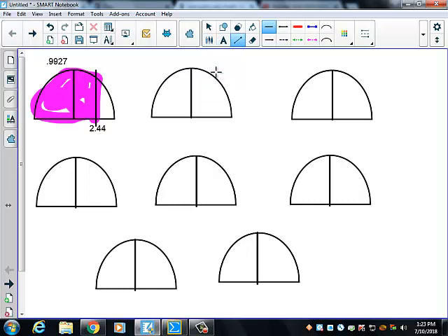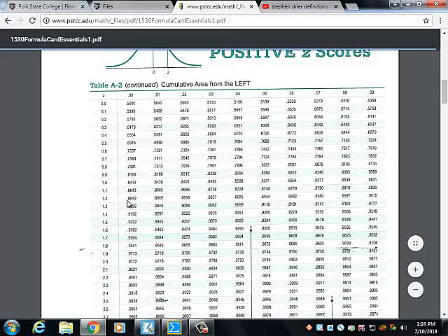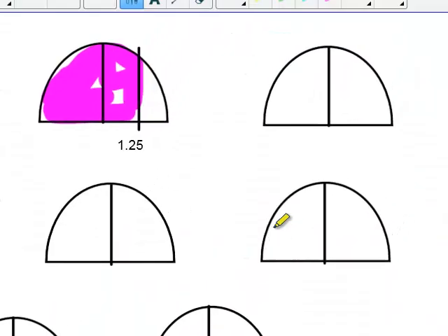If I were looking for the area to the left of 1.25, so say I'm searching for this area here, I simply go to my chart, I find 1.2, I go over to 5, and the answer is 0.8944.